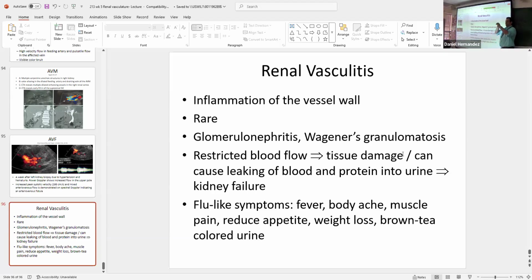The opening, or the lumen, of that vessel will become narrowed. That's going to reduce the blood flow, lead to stenosis that can potentially result in tissue damage. Those patients will probably have blood in their urine, hematuria, protein in their urine, and result in kidney failure. Patients might present with flu-like symptoms, fever, body aches, muscle cramps, reduced appetite, weight loss, discolored urine.